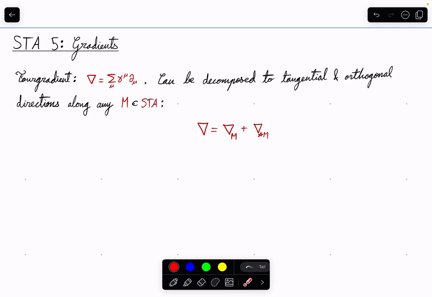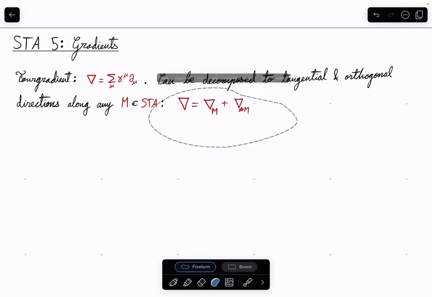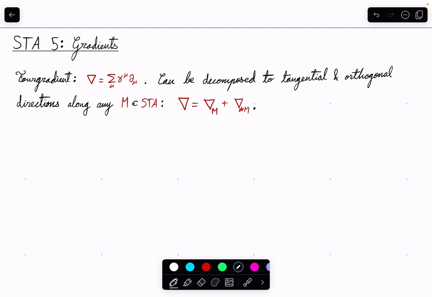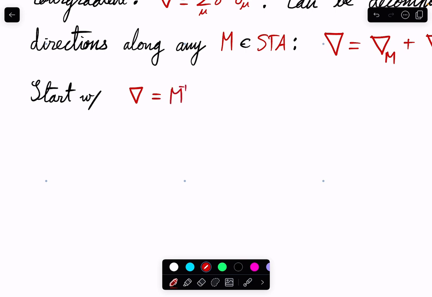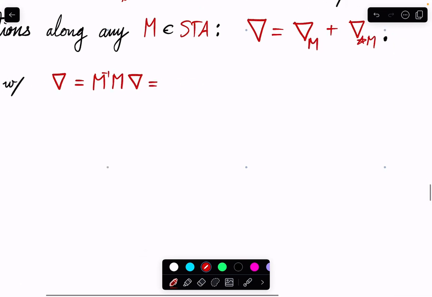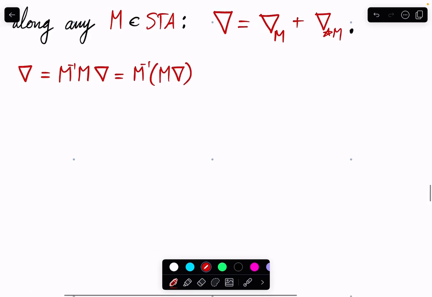So let's look a little bit more at what these actually look like. You start with just nabla del, and that's equal to the multivector's inverse times the multivector itself, which, because this is an associative algebra, is the same thing as multiplying these two together first.